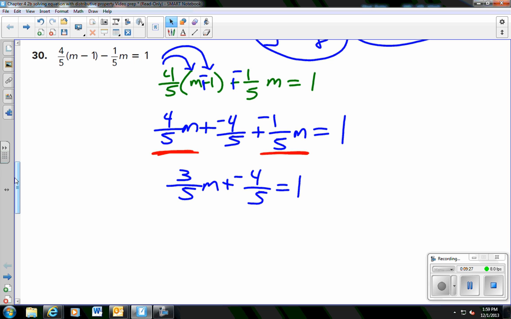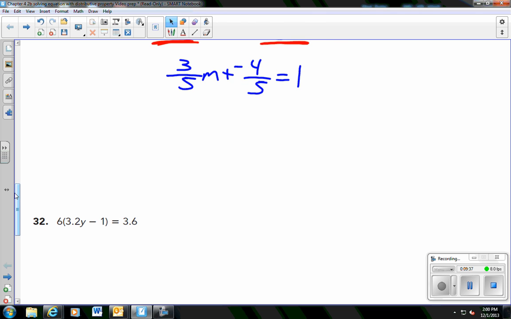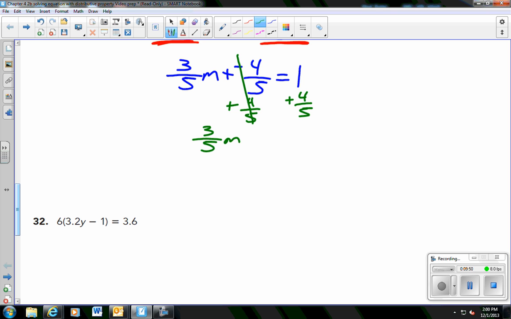So we need to get rid of the 3/5 and the negative 4/5. We want to get rid of that negative 4/5 first. Always get rid of that plus or minus number first. So to get rid of negative 4/5, we will just add 4/5 to both sides. Negative 4/5 and plus 4/5 equals 0, leaving us with 3/5 m equals 1 plus 4/5, which is 1 and 4/5.